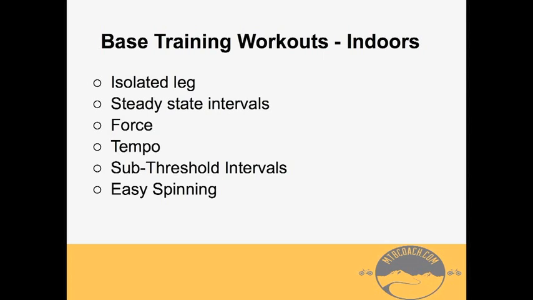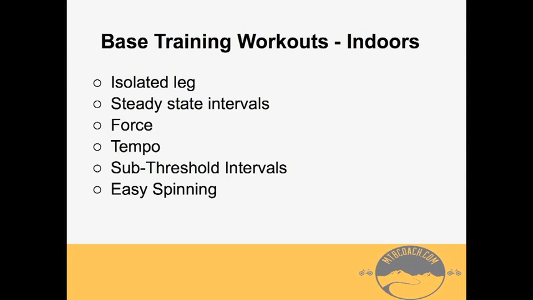So generally, you can get maybe 6 intervals in at 12 to 20 minutes apiece in 2 hours on the trainer, and it helps break up the monotony of just sitting there spinning, but you actually are watching the clock and focusing on your heart rate or your power, and it makes it a bit easier.